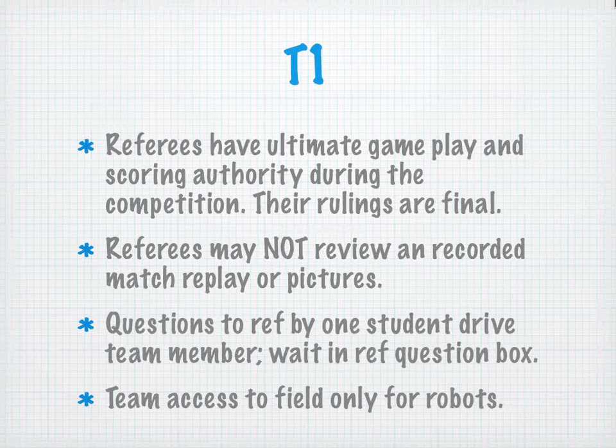But if we don't have verification from a ref seeing it, then it doesn't get recorded. So we want to keep mistakes obviously down to a minimum. But again, whatever the refs see and whatever the head ref rules, that's the final truth.